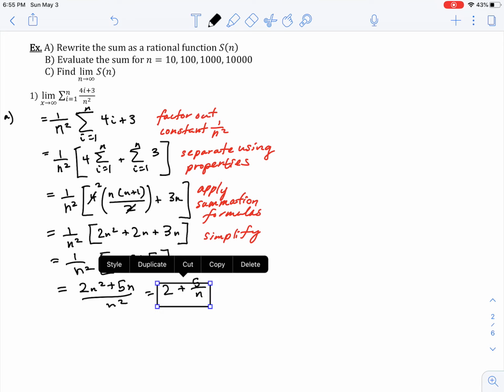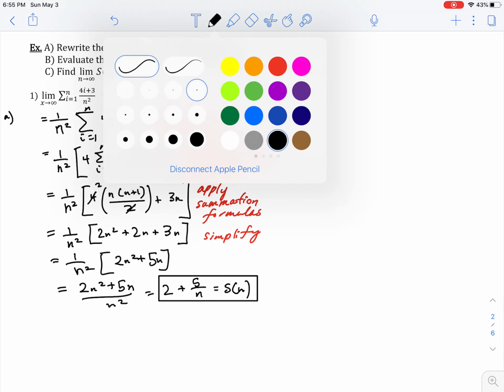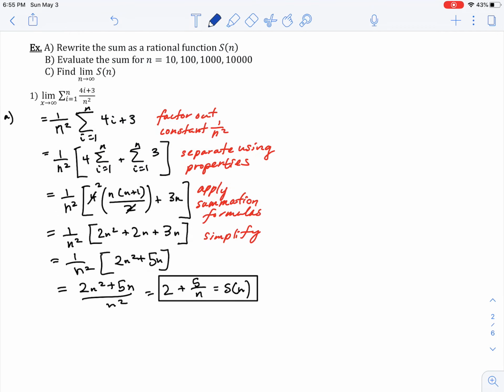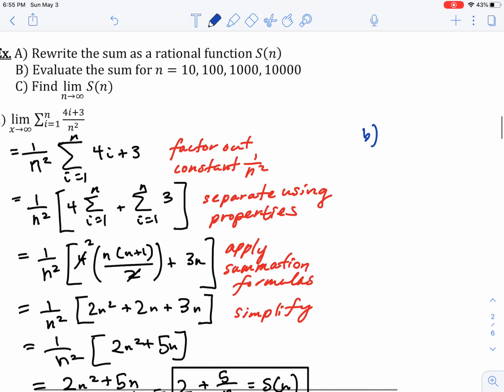So all this here, that's equal to our S of n. So what we've just done is we've used those formulas to rewrite this limit of the summation as a rational function. All right?